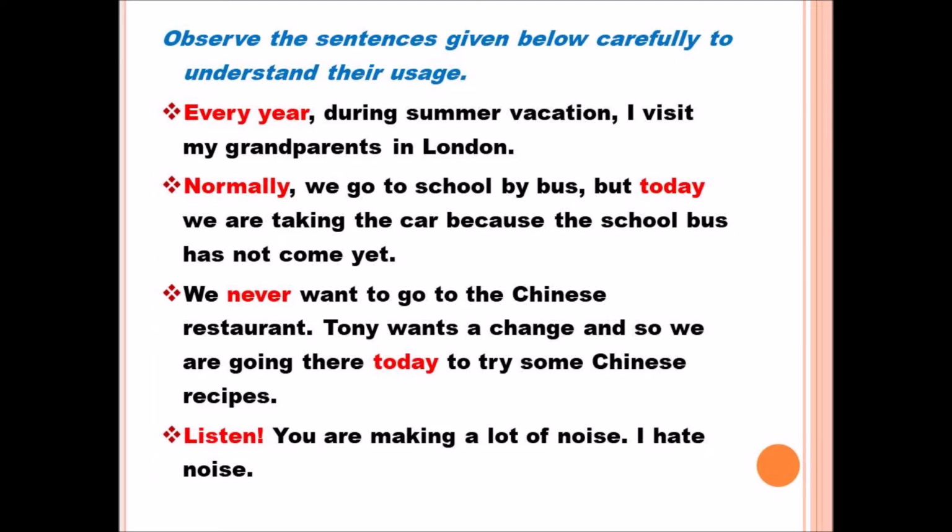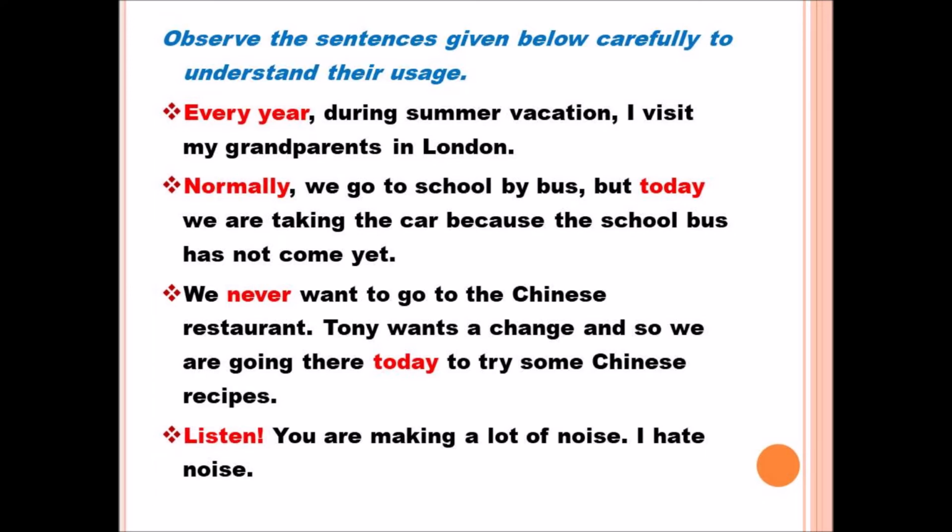So look at the first sentence. Never is a keyword for simple present. Tony wants a change and so we are going there today. So today is a keyword for present continuous. So they have used are going. As I already said, we is the plural form. So we have used are.